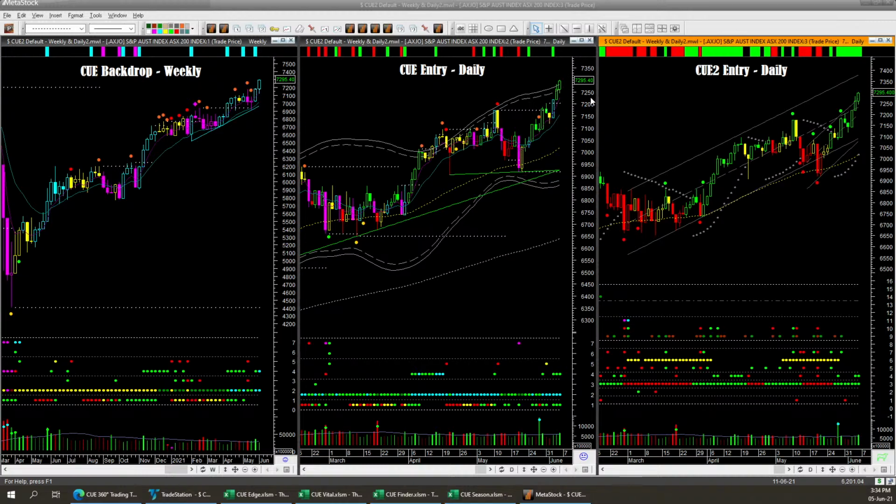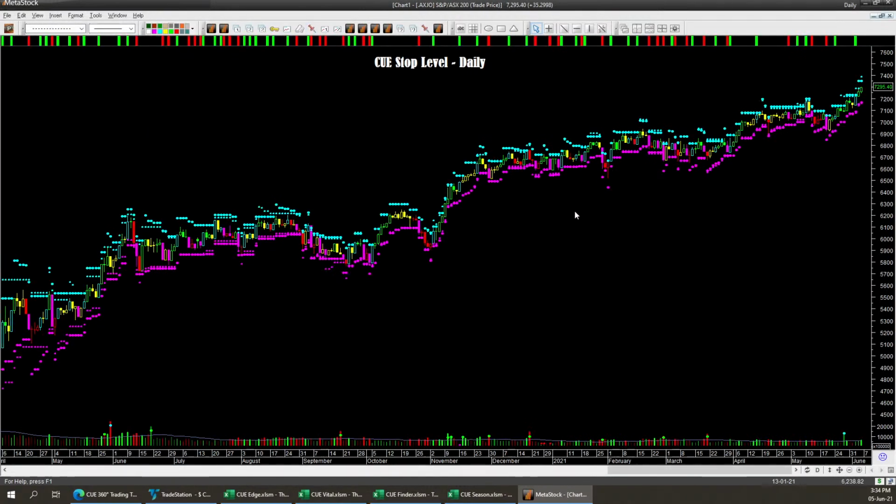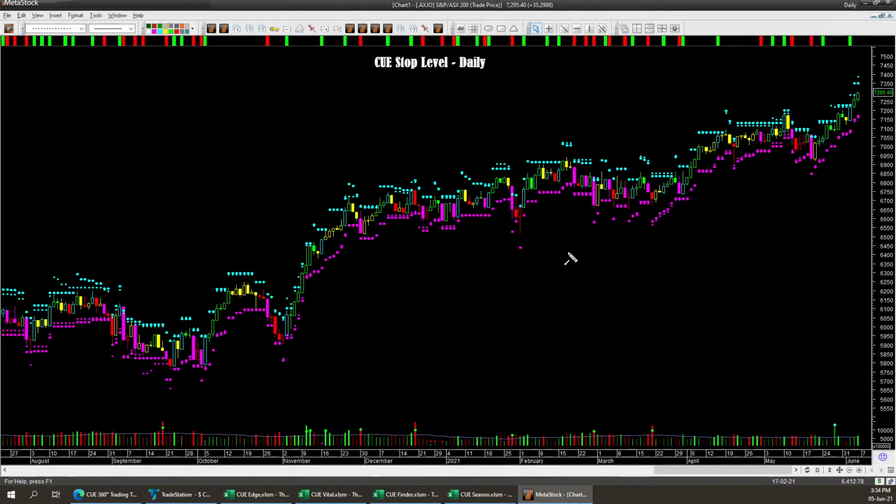And one way to let profit run in such a case is to use the Q stop loss on the remaining position. And this may be a good example of how to use the Q stop loss. This is the Q stop loss daily chart template. The magenta dots are used for long trade stops.